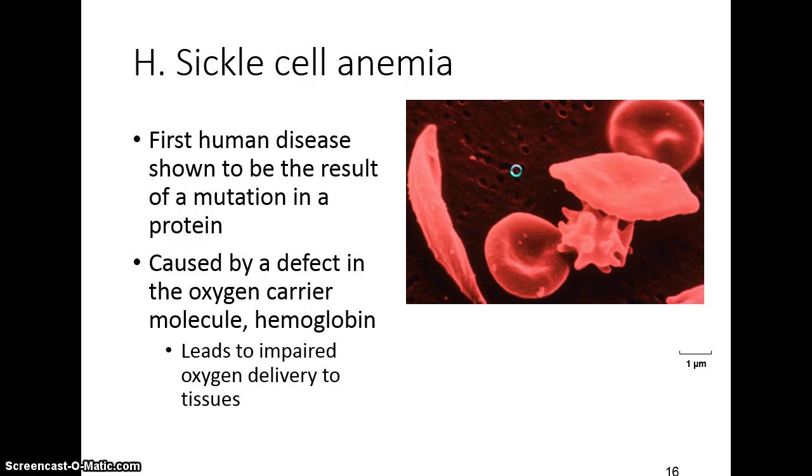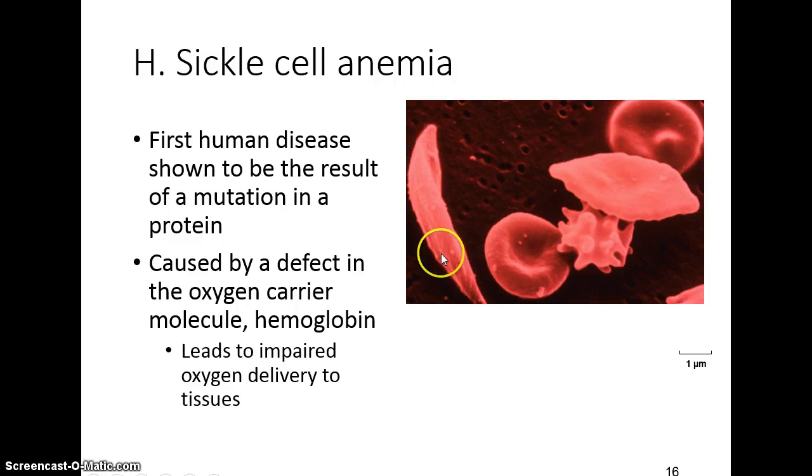Another disorder that was very important in determining things was sickle cell anemia. It's the first human disease shown to be the result of a mutation in a protein. The protein that was mutated was hemoglobin. What happens when you have sickle cell anemia is not all of your red blood cells are round. Some of them are sickle-shaped or have kind of a flattened, longer shape.